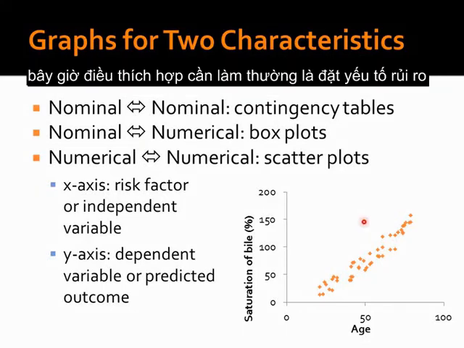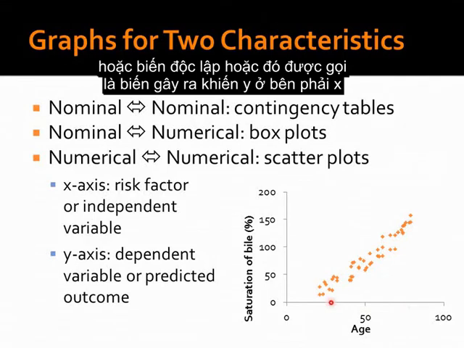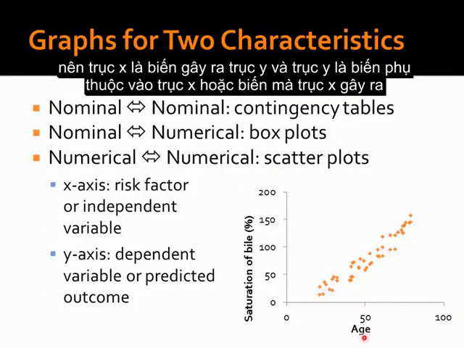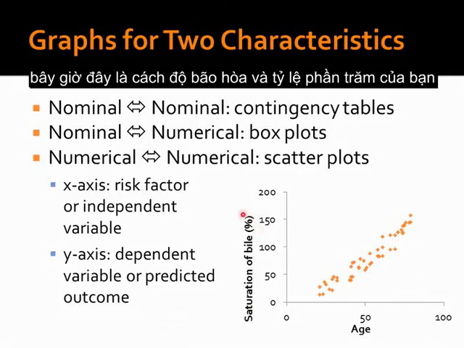All these scatterings of the dots form the shape or the picture of your data. It is considered proper to place the risk factor or the independent variable, or let's call it the causing variable, on the x-axis. So the x-axis is the variable which causes the y-axis, and the y-axis is the dependent variable, the one that the x-axis is causing.